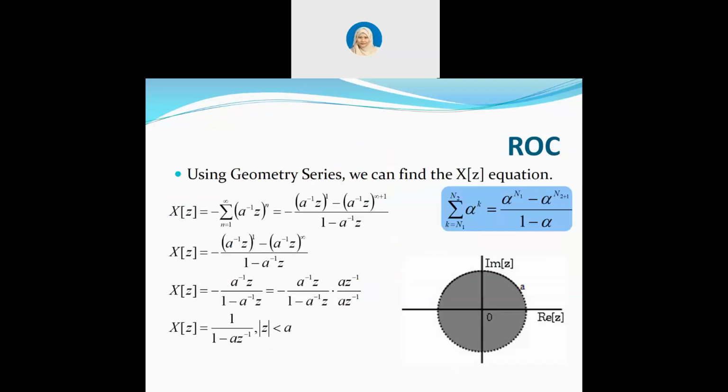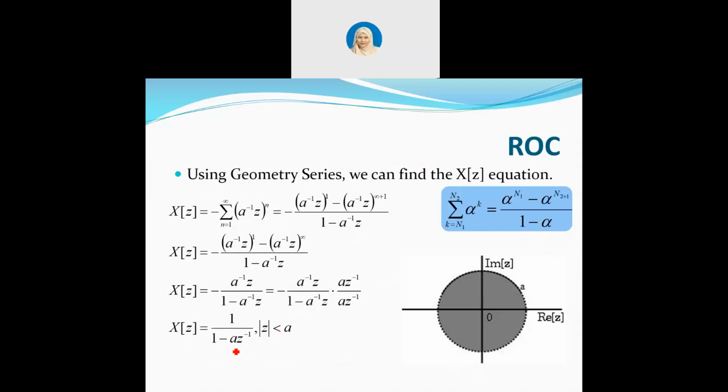By using the geometric series equation, it becomes like this, since it is from 1 to infinity, 1 minus a to the negative 1 z. Finally we get X(z) equals 1 over 1 minus a z to the negative 1.